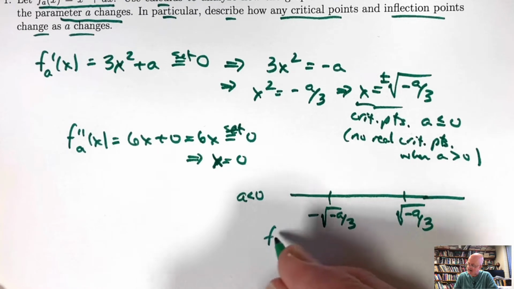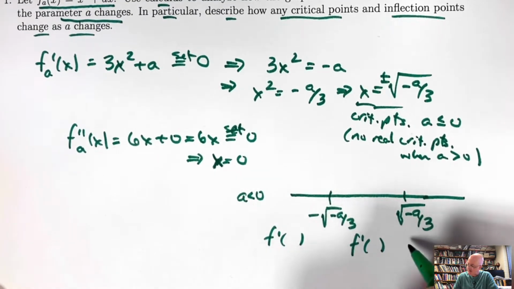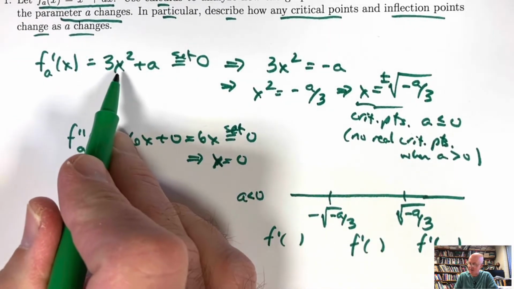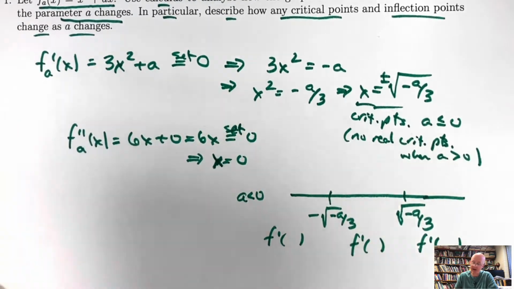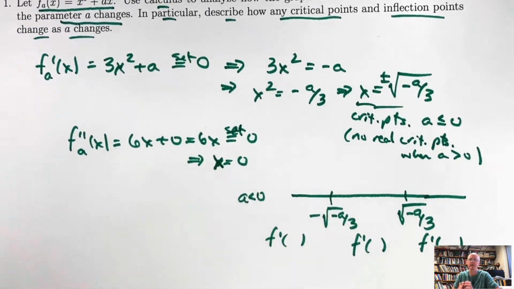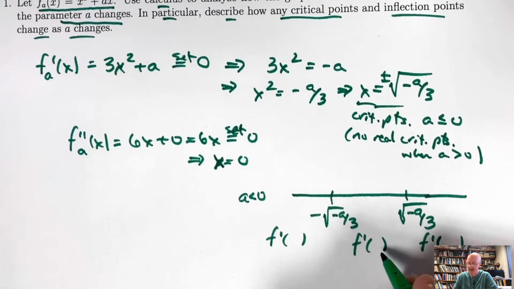What is the sign of f prime in each case? Well, if a is negative, f prime of x is 3x squared plus a negative number, which means 3x squared minus a positive number. That's a function whose graph is a parabola opening upwards. It's going to be certainly positive over here, and negative in here.